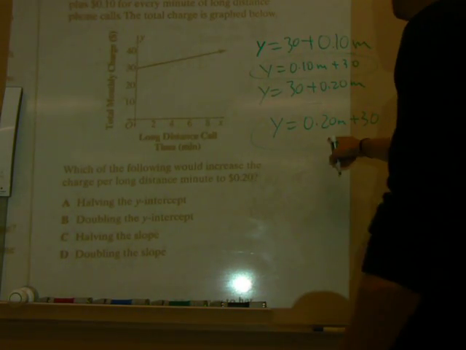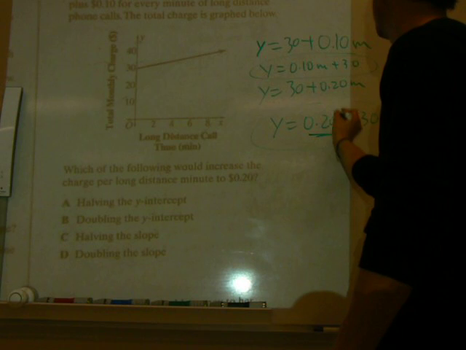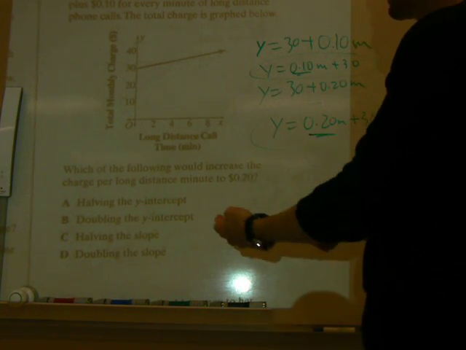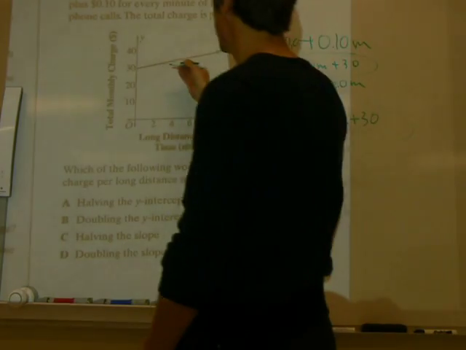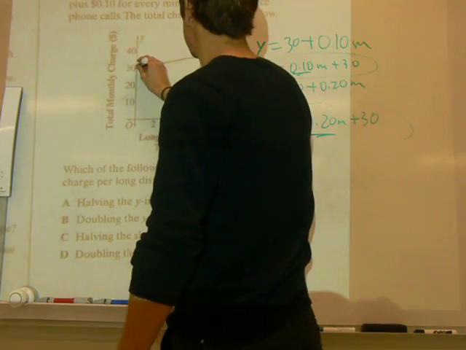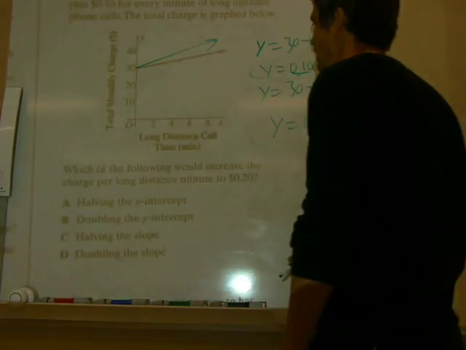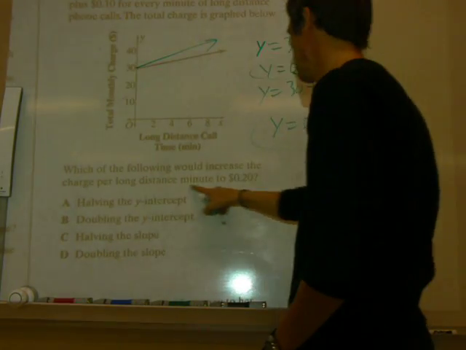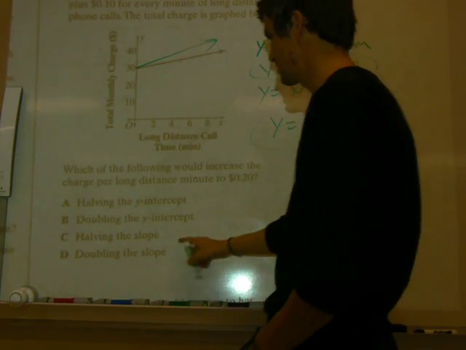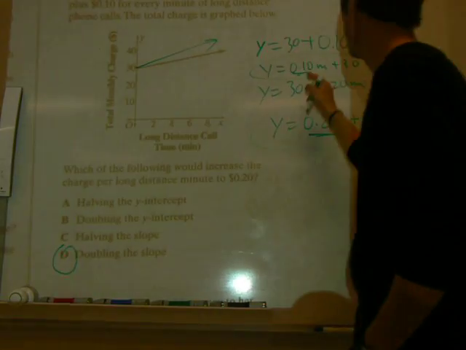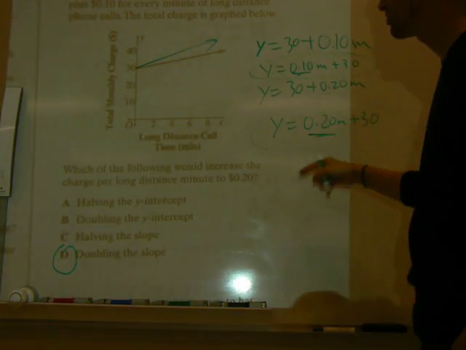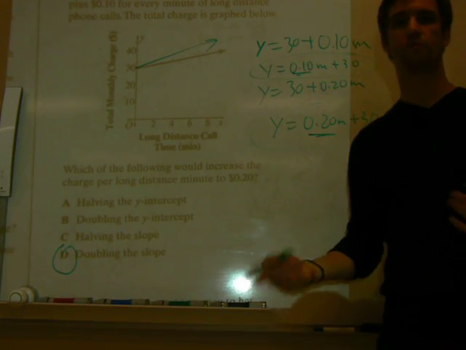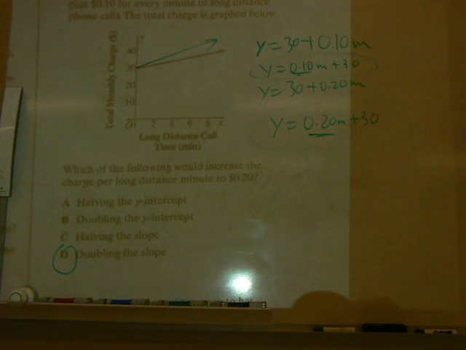What's going to happen is now you're going to have a steeper line because your slope goes from 0.1 to 0.2. It actually doubles, okay? So that means it would be something like this. Alright, look, which of the following would increase the charge per long distance minute to 20 cents? Double the slope. If you double the slope from 0.1 to 0.2, you're going to increase the price to 20 cents per minute. Alright, let's look at this number 4.